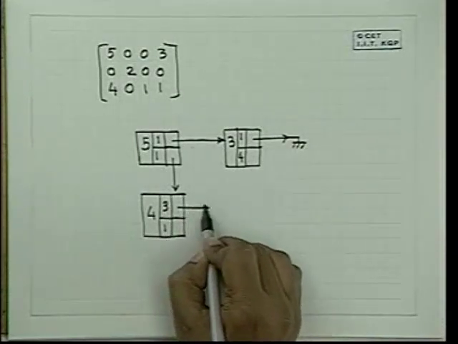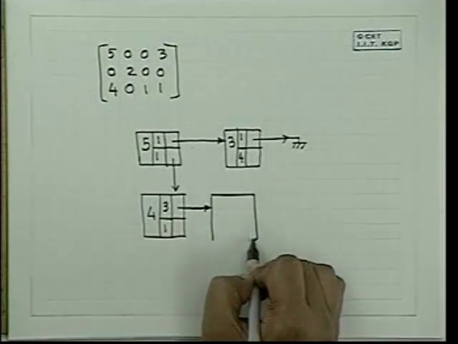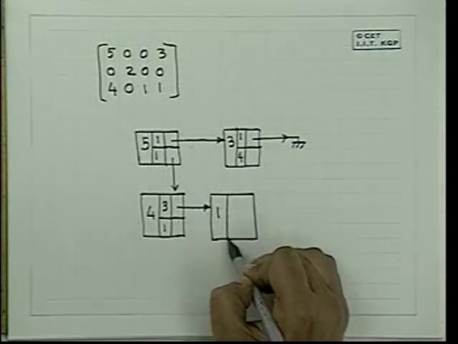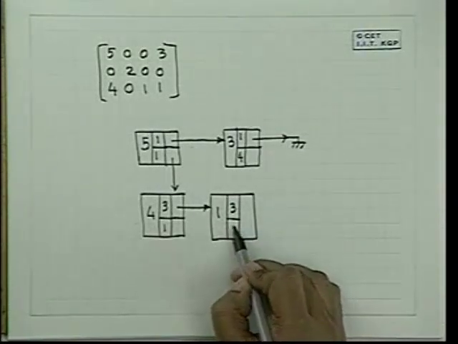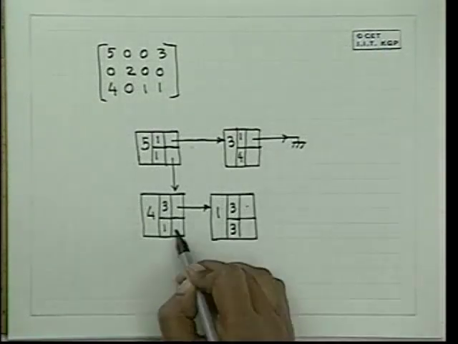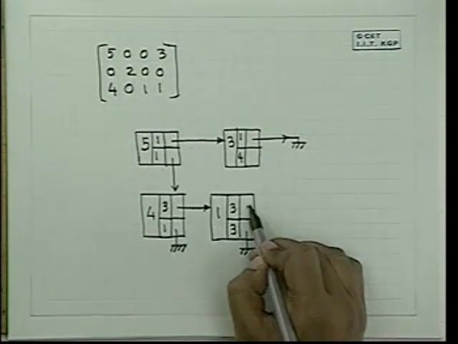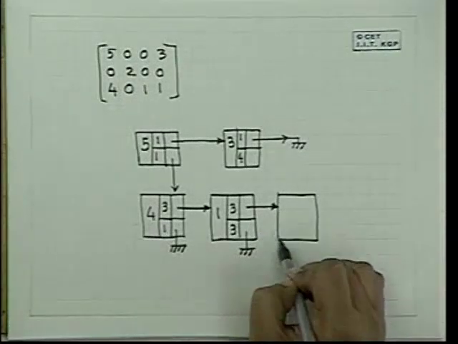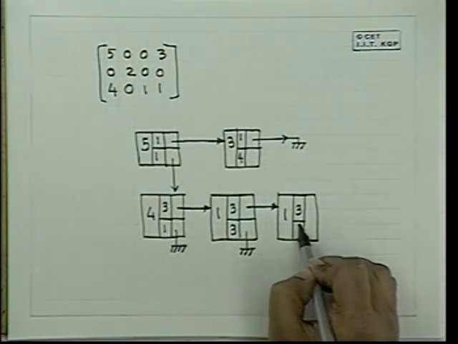This will be pointing to 1, this will be 3, this will be 3. This will be ground, this will be ground, this will be pointing to 1, 3, 4.